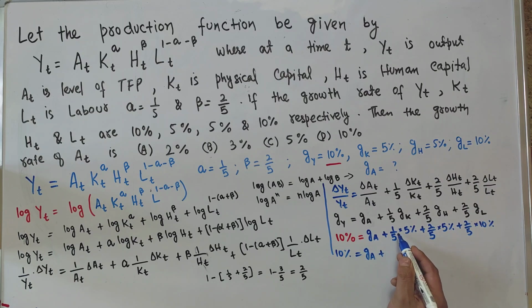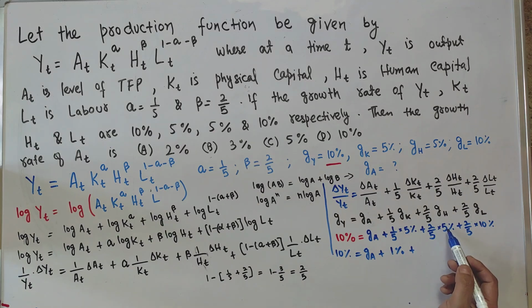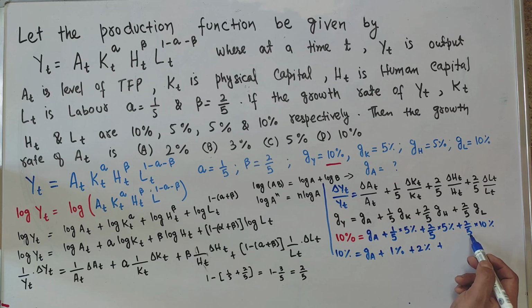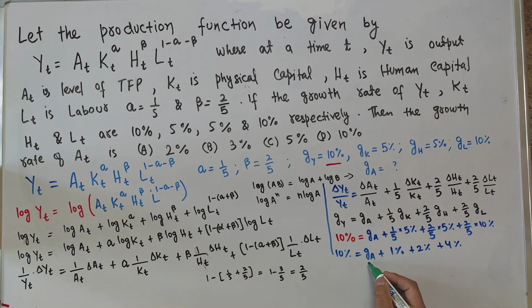Which implies 10% will be equal to growth rate of total factor productivity plus, so 5 gets cancelled, we are left with 1% here, plus here 5 gets cancelled, or it becomes 5 2s are 10% upon 5% is 2%. Okay, that makes more sense. Plus here 10 2s are 20 upon 5, which comes out to be 4% here. We need to find out the value of total factor productivity.